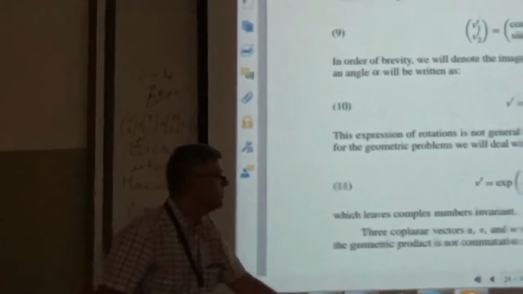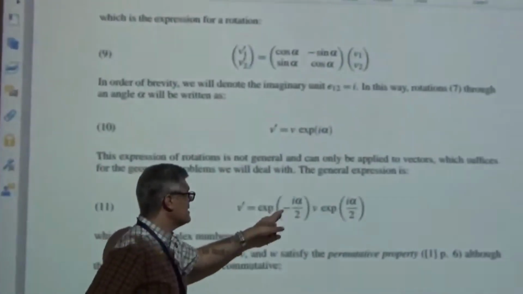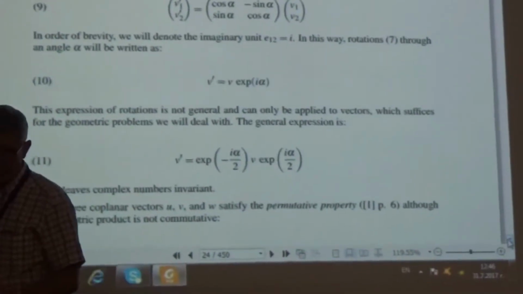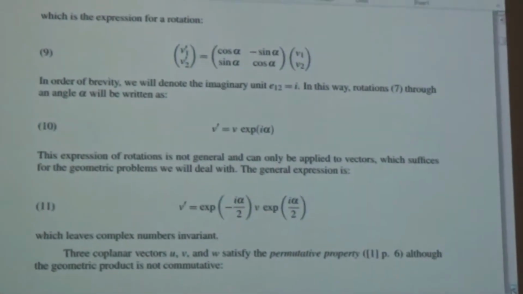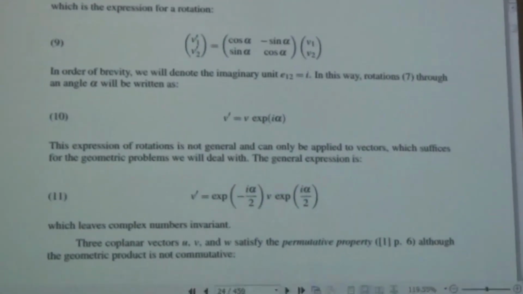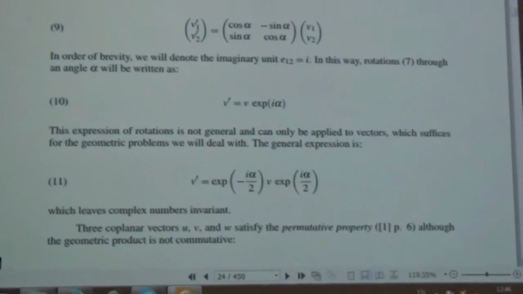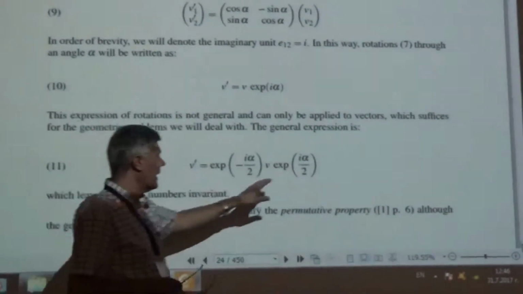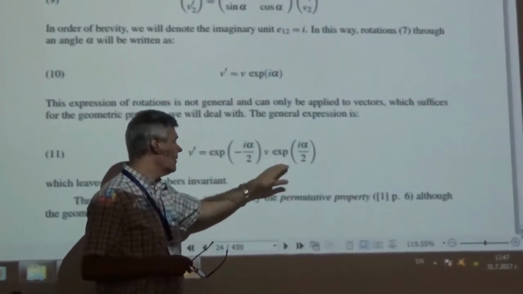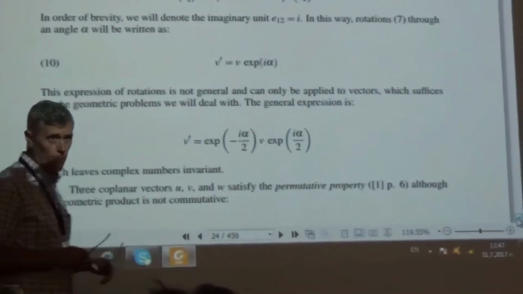This is a general expression that may apply to any element of the geometric algebra, in every dimension. We have here the half-angle complex number and the polynomial of this half-angle complex number.